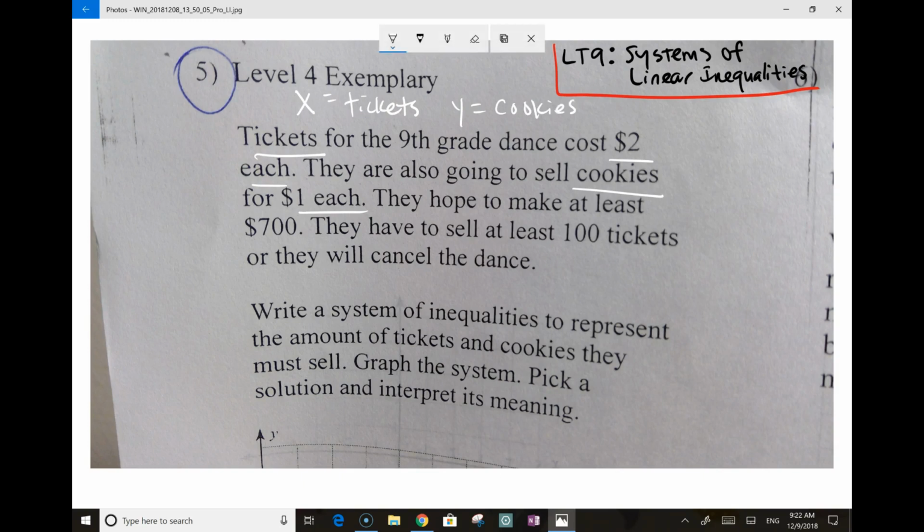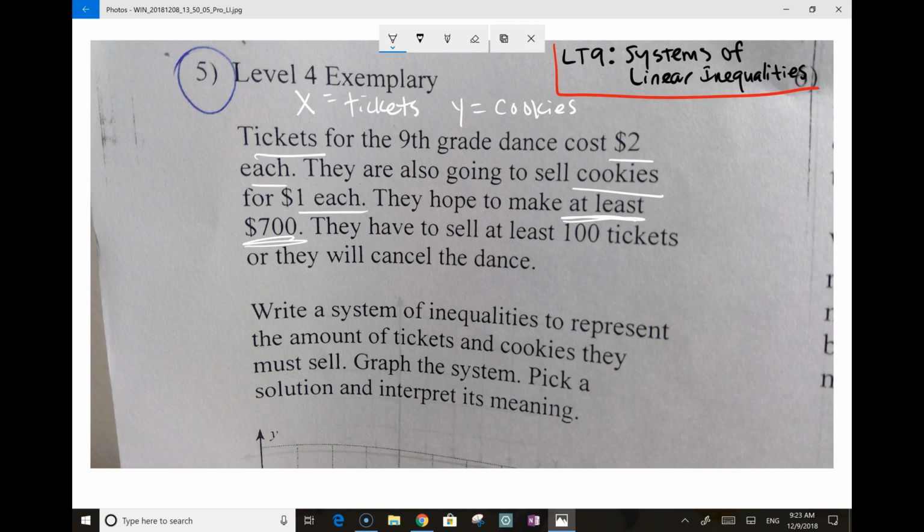So my first inequality will have to do with the profit that they wish to make. So it says they hope to make at least $700. Which means $700 must be the minimum amount. If they make more than that, it's fine. No one ever complains because they made too much money. People would like to make a minimum of a certain amount.